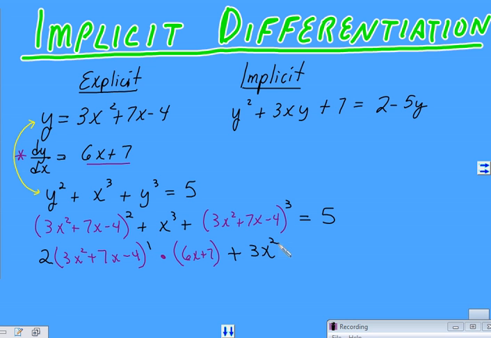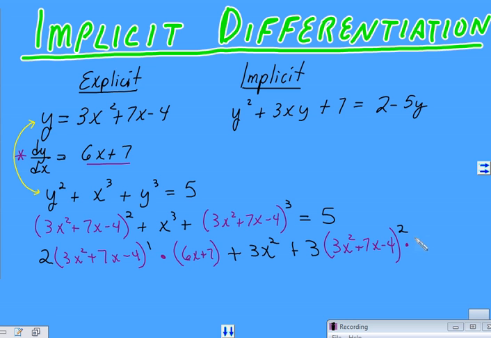Then, this third piece is once again a quantity with a power on it, so I'm going to have to do another chain rule. So I'm going to put the 3 out front. I'm going to write the whole quantity down, and now have it to the second power. I have to times by the derivative of the inside again.